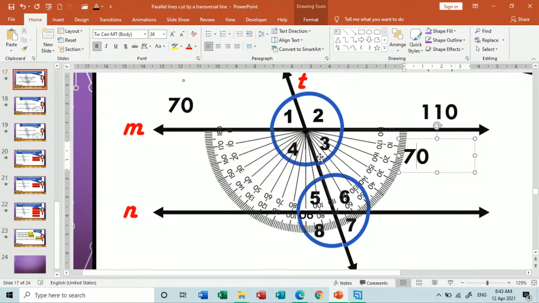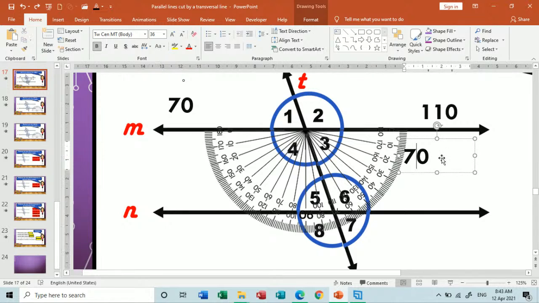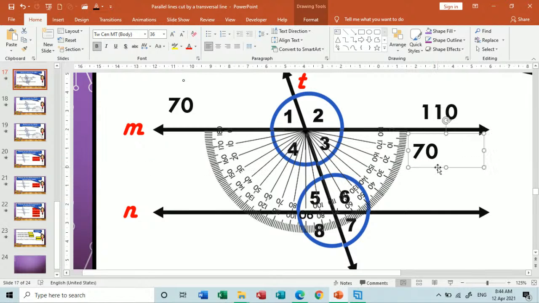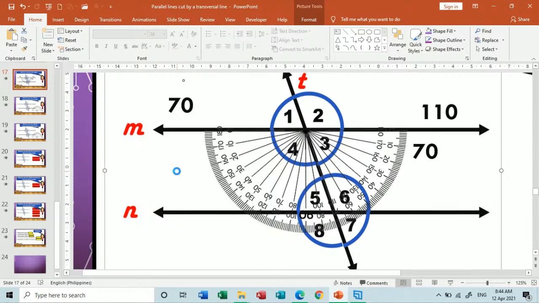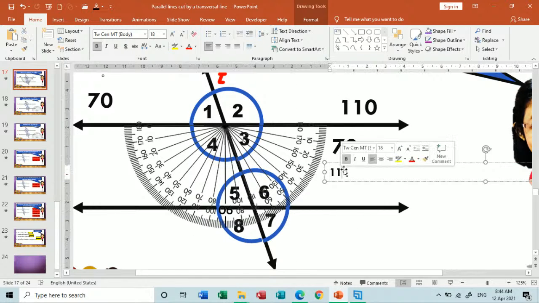How about the measure of angle 4? That's correct. The measurement is 110.